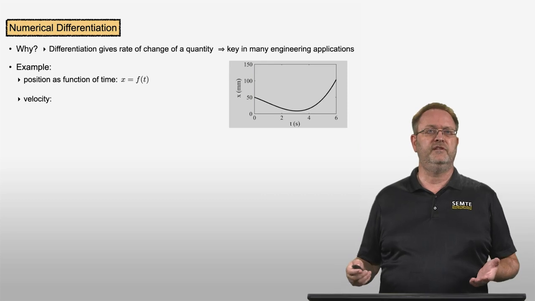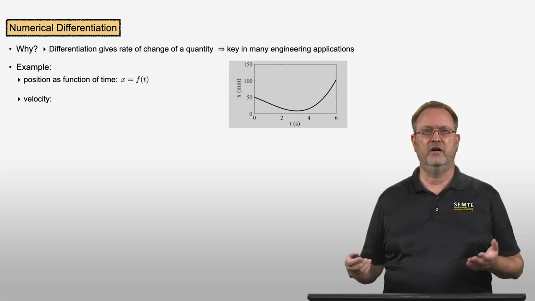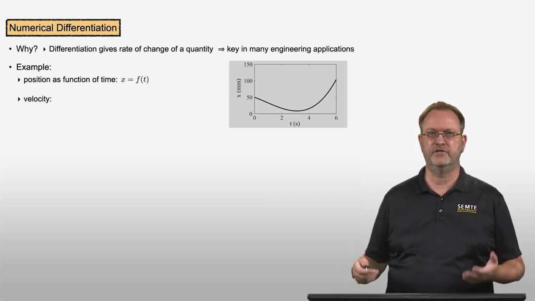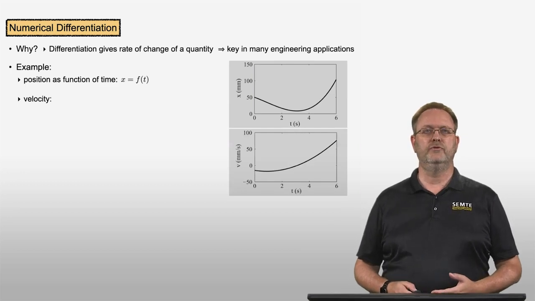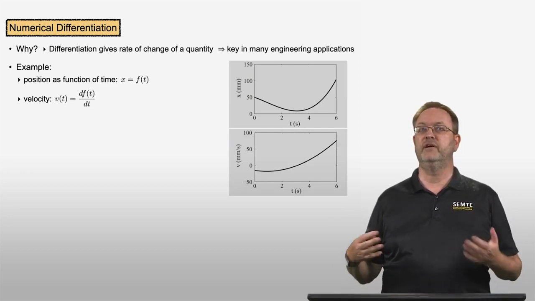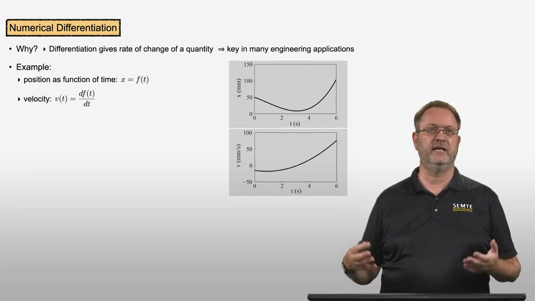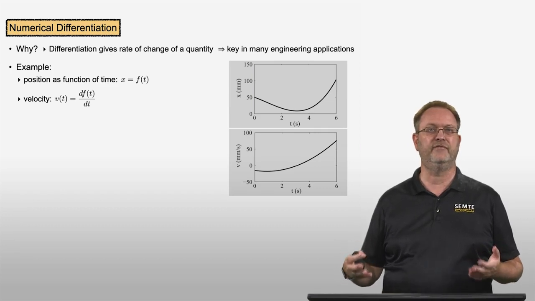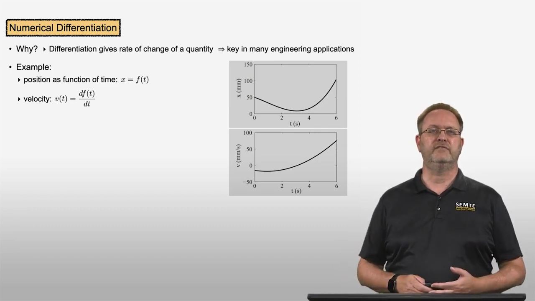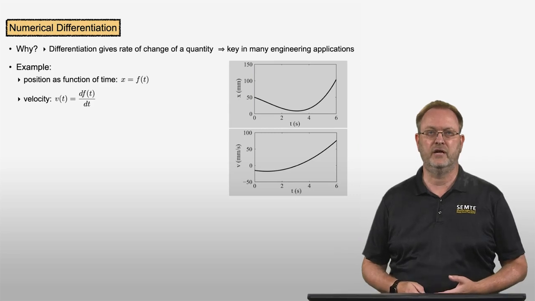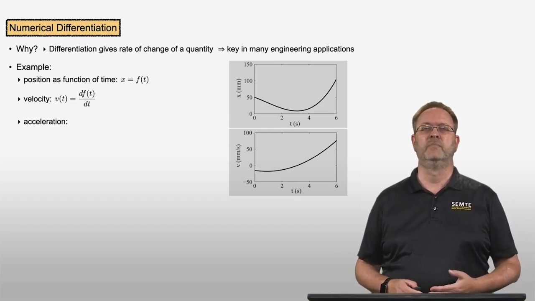Now, if we're interested in the velocity of this object that has the position x, what we would do is take the derivative of this function in time. So we would take df dt. That would give us the velocity of an object as a function of time.